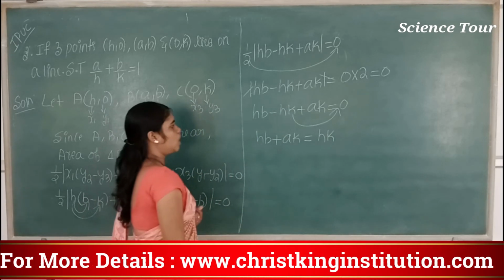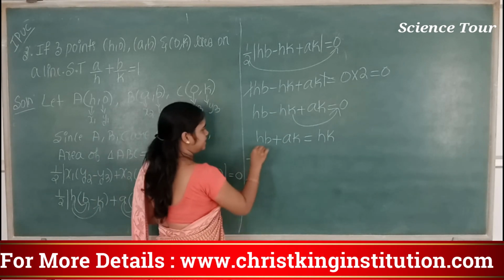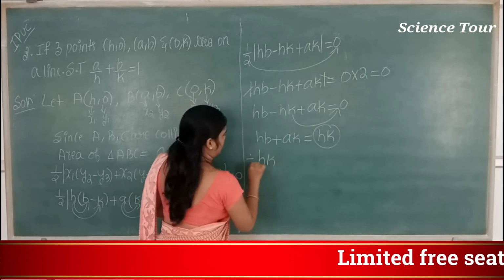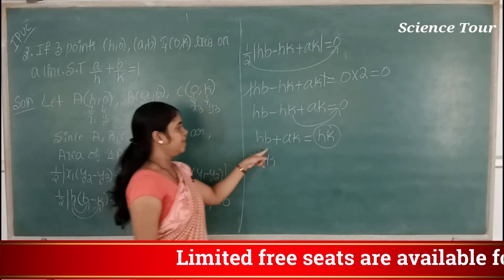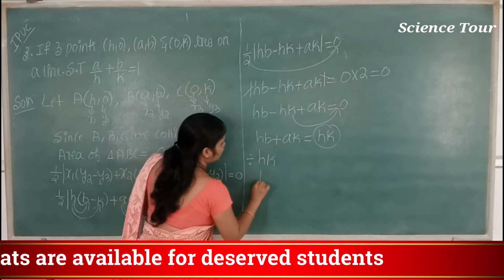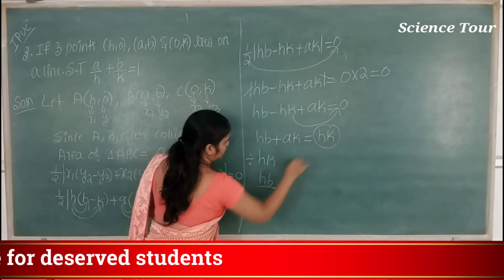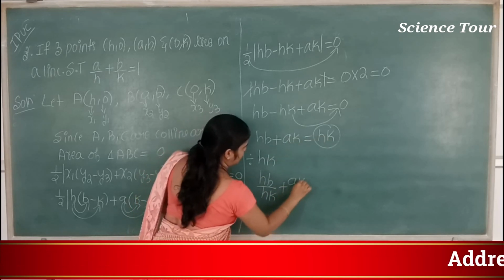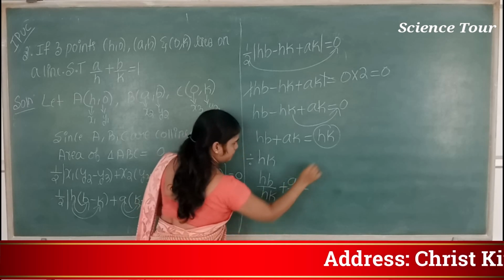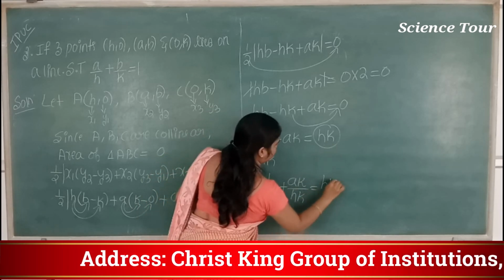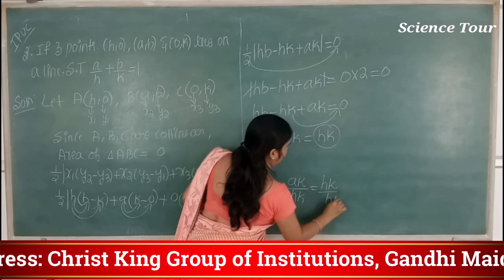Now I'll divide each term by this hk. First you have hb by hk plus ak by hk equal to hk by hk.